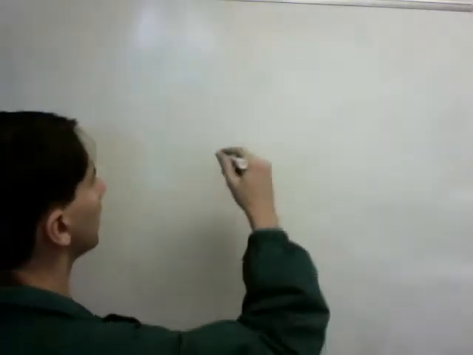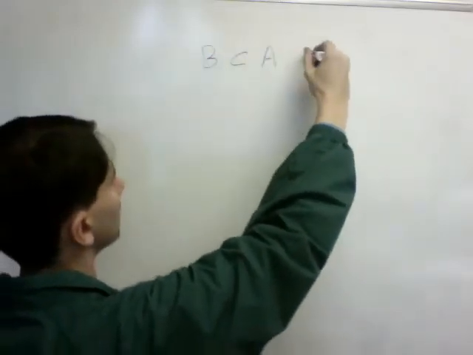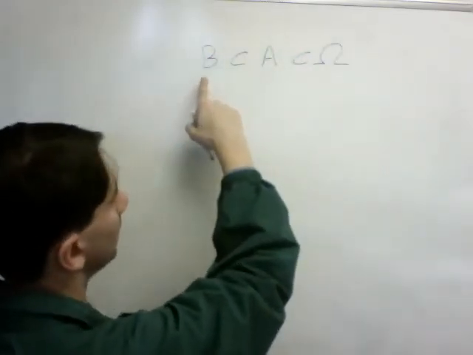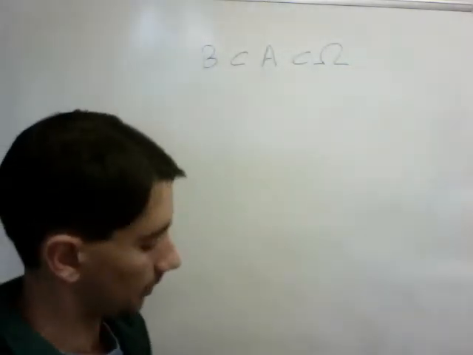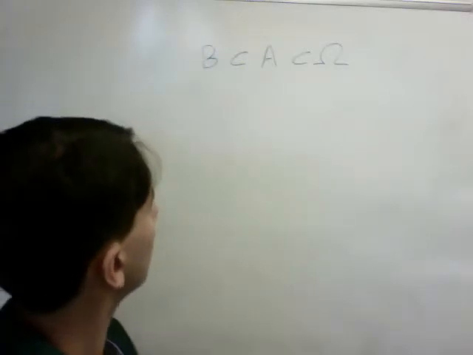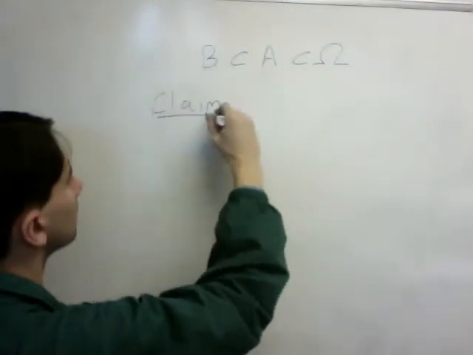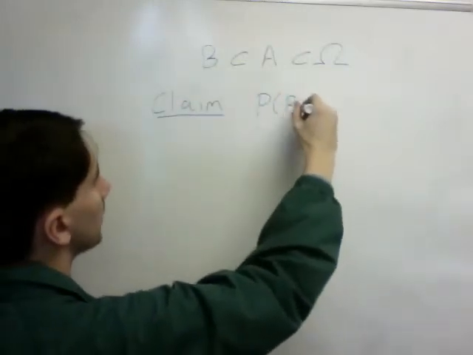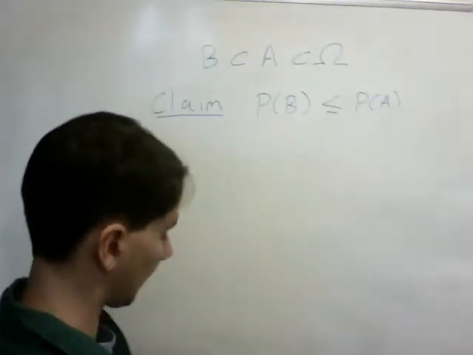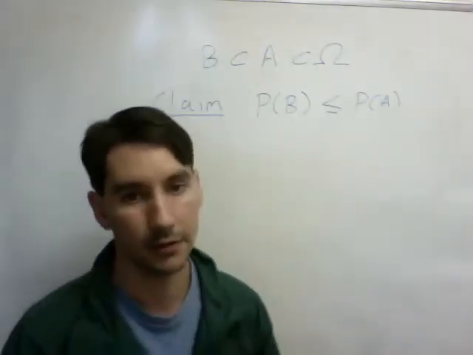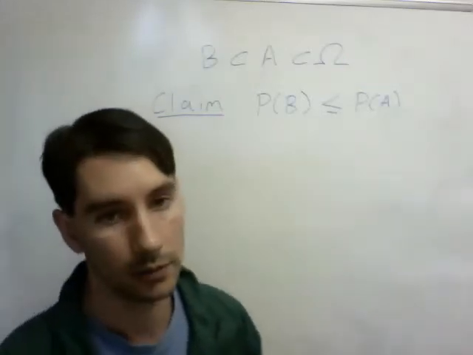I guess similarly, say that B is a subset of A, which is a subset of omega. So everything in B is in A. And these are both in omega, so it makes sense to apply the probability function to B and A. Claim: the probability of B has got to be less than or equal to the probability of A. So using our previous knowledge of set theory and just the definition of a probability, we want to show that this is true.